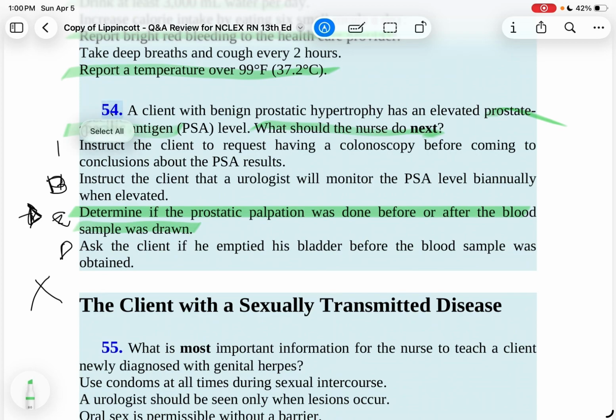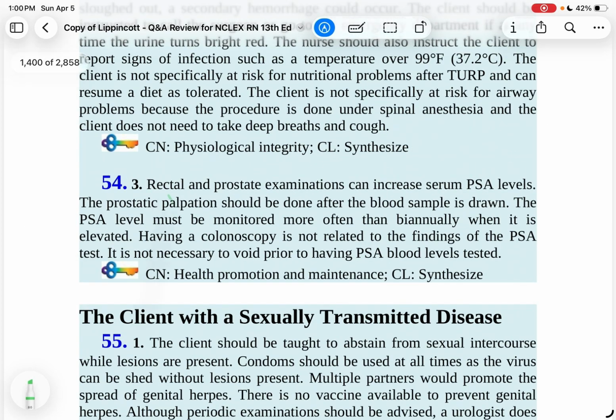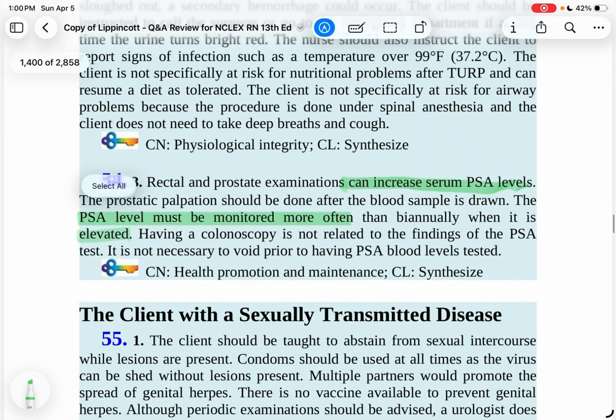Prostatic palpation should be done after the blood sample is drawn, because palpating the prostate can increase PSA levels.